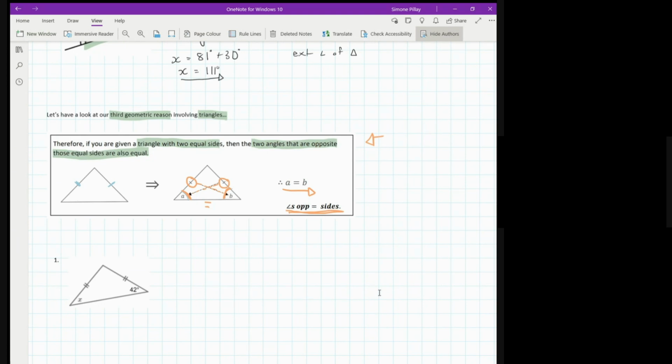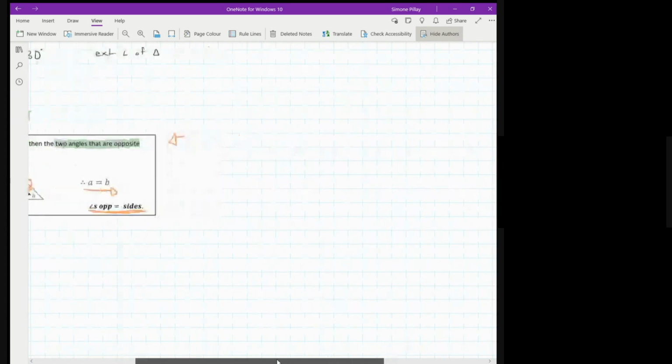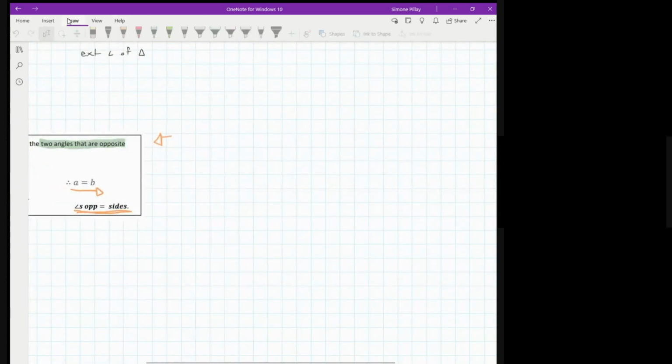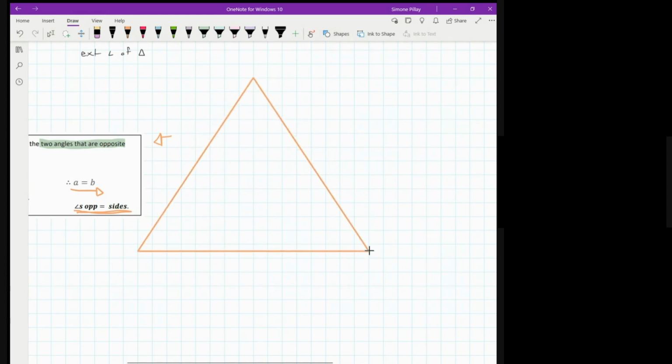Much better. Is there a simpler way to break it down? Because I'm kind of struggling to understand that the two angles that are opposite those equal sides are also equal. That part, yes. That is literally it. So the way I always used to think of it was, where do I draw a triangle?